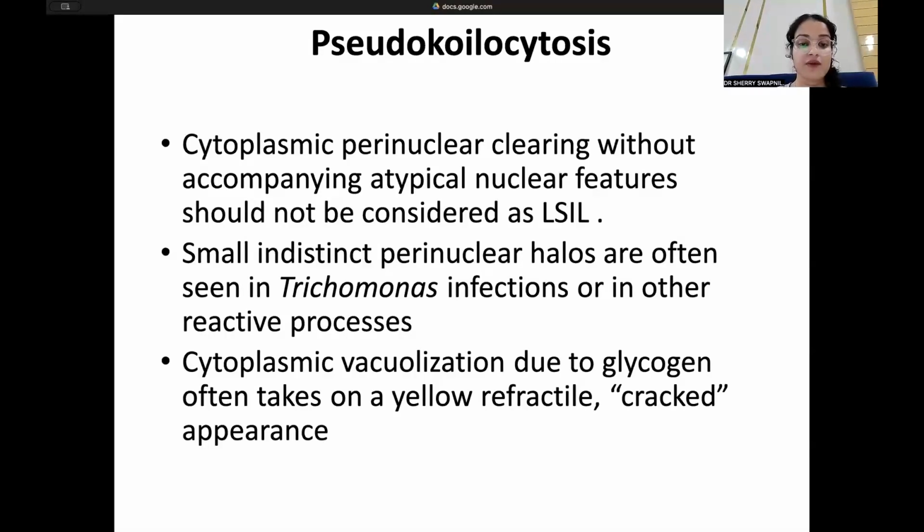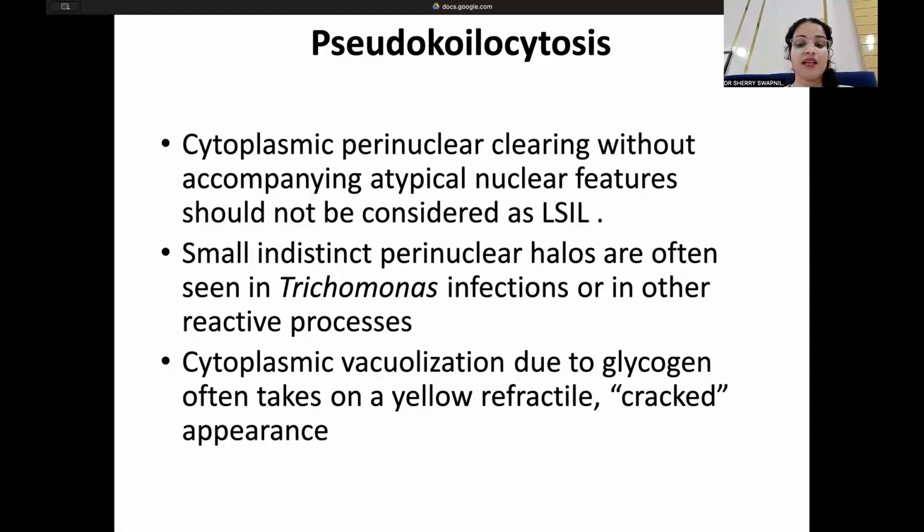So this is the thing that we have discussed: pseudokoilocytosis, cytoplasmic perinuclear clearing without accompanying atypical nuclear features. So that should not be considered. Nuclear features are very important if you have to differentiate it from any normal looking cells. So even if there is cytoplasmic perinuclear clearing, it should not be associated with any atypical nuclear features.